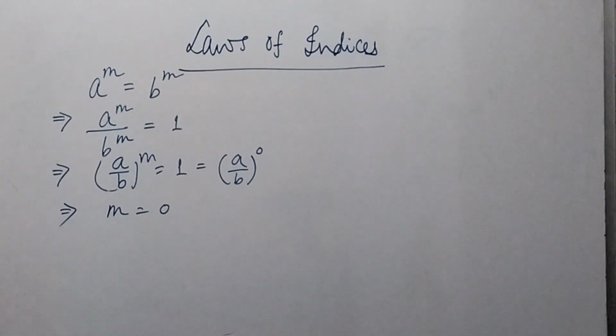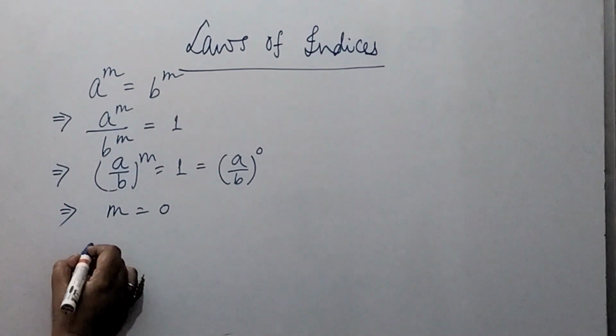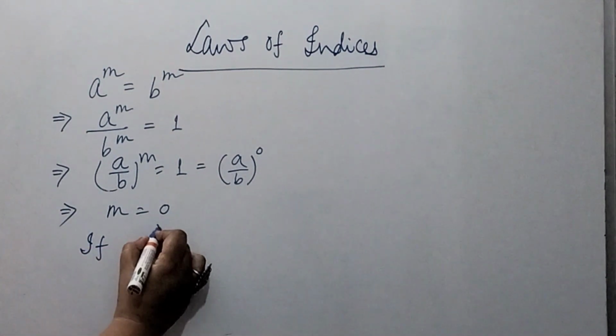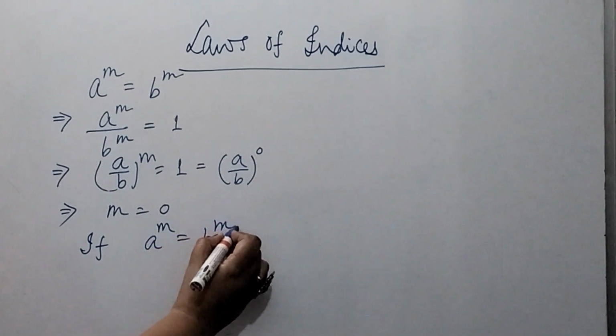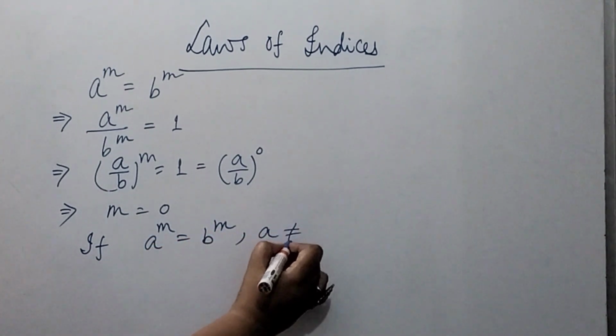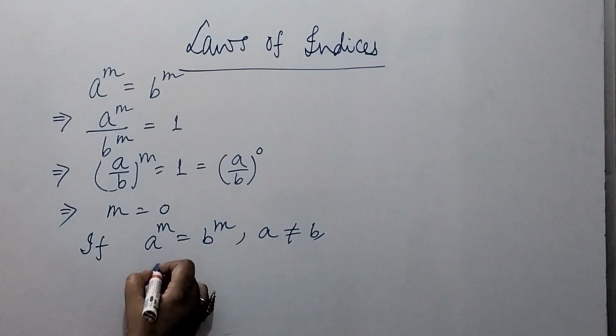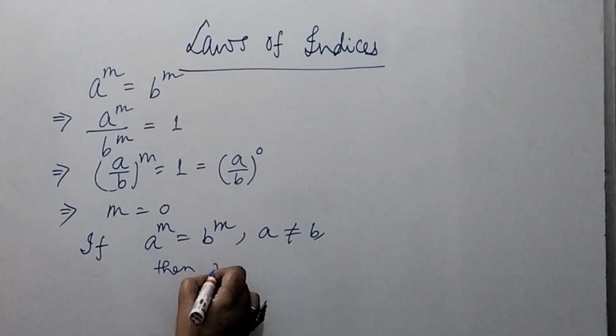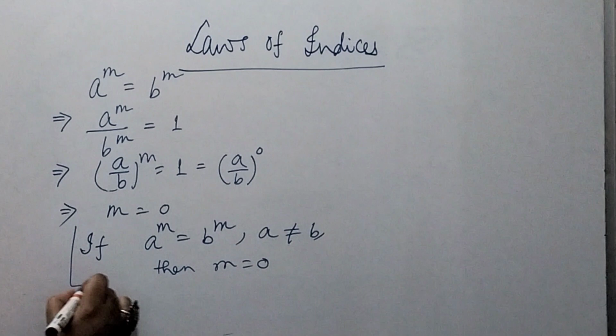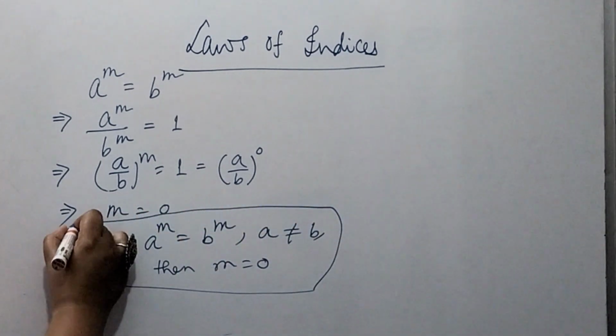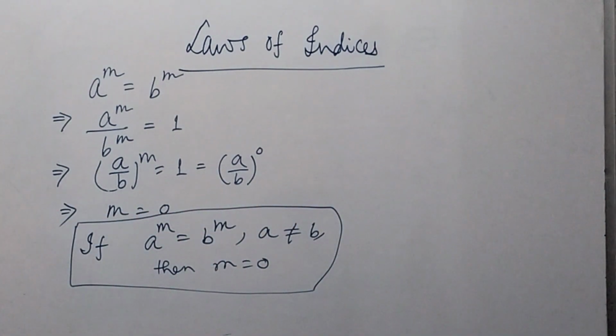So here another law is derived. If a^m equals b^m, where a is not equal to b, then m is equal to 0. Another very important law of indices.